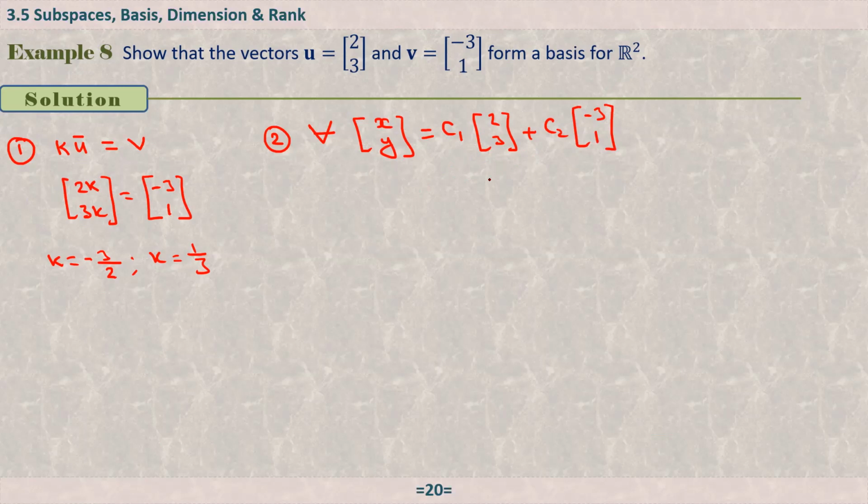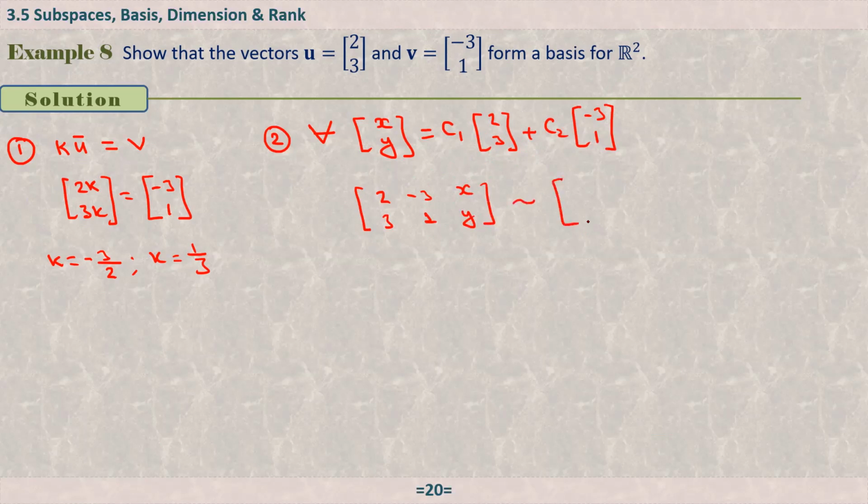So from here, we need to form our augmented matrix. The unknowns are c1 and c2. Is it possible to find c1 and c2? So here we have the augmented matrix with columns (2, 3) and (-3, 1), and on the right-hand side x and y.